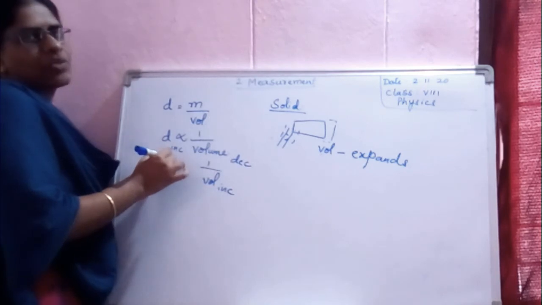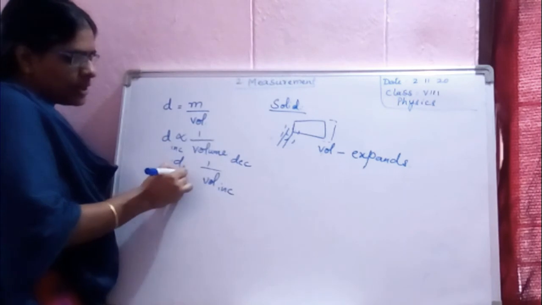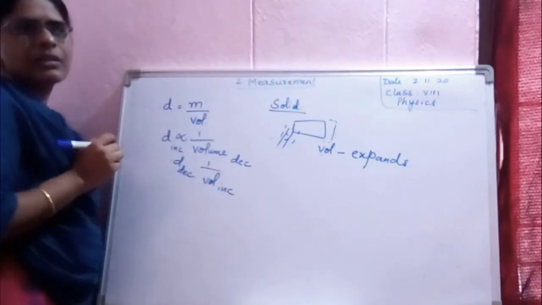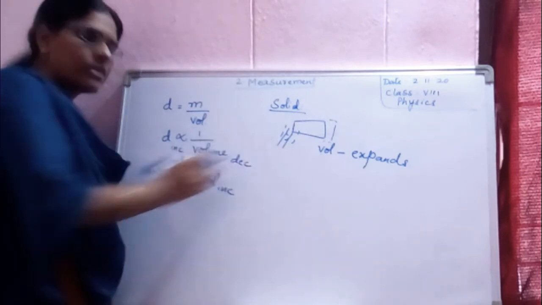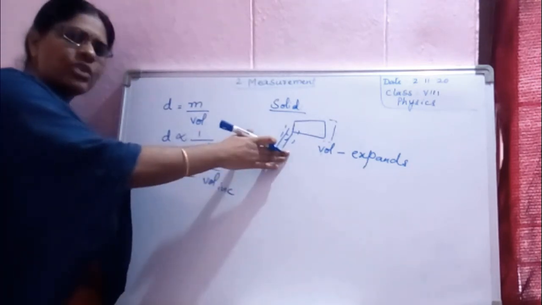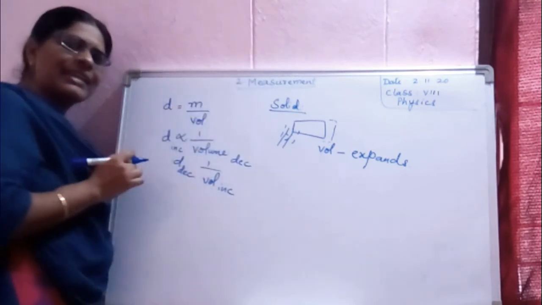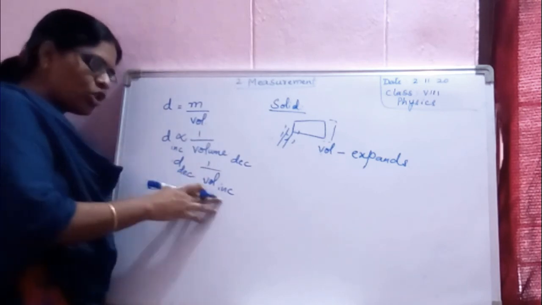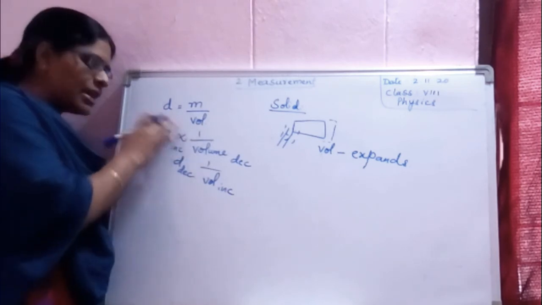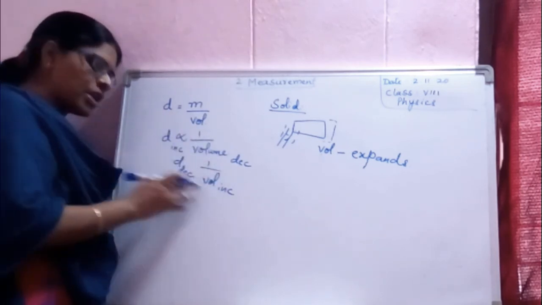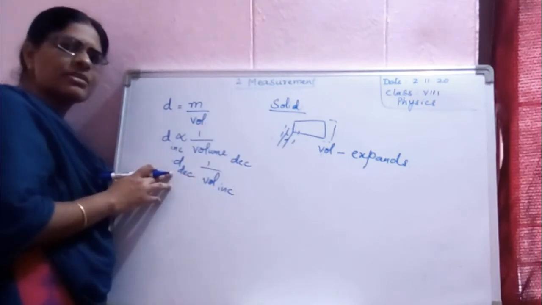Then what happens to my density? Density will decrease. Okay, children, this is in the case of a solid. When you supply heat to a solid substance, its volume increases. As volume increases, according to the definition of density, as it is inversely proportional, density should decrease.